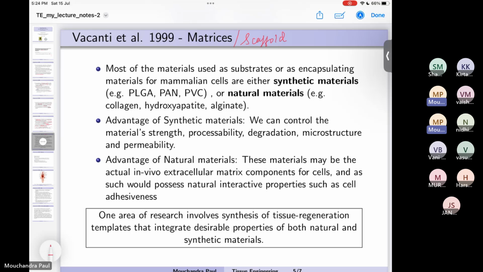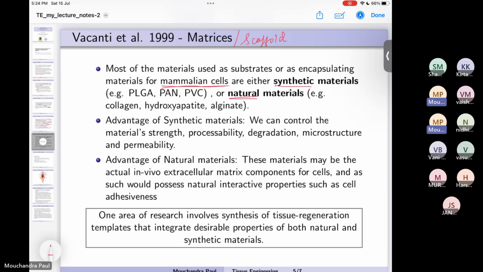So as I was saying, scaffolds are either used as substrates or as material for encapsulating mammalian cells like the beta cells. And these scaffolds can be made up of either synthetic materials or natural materials.